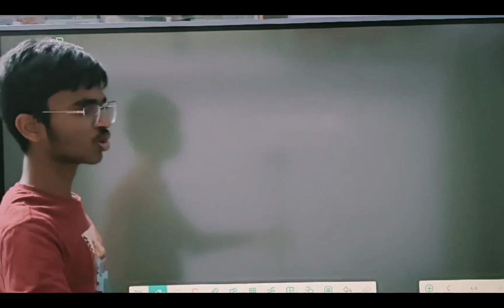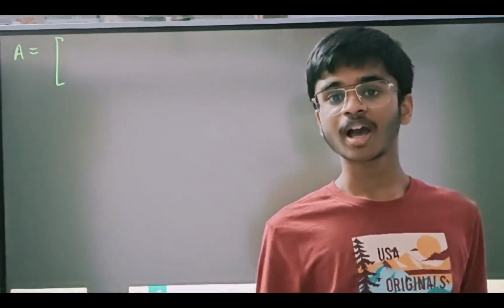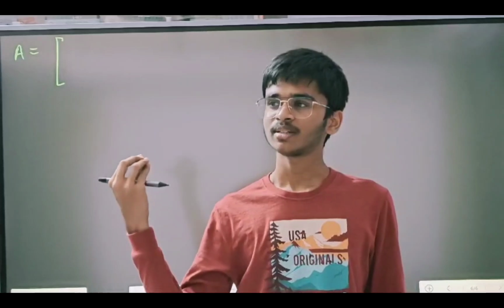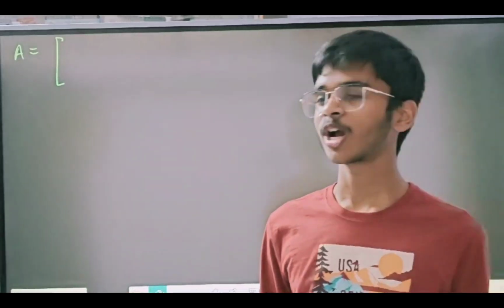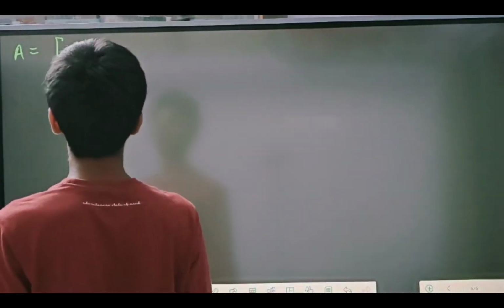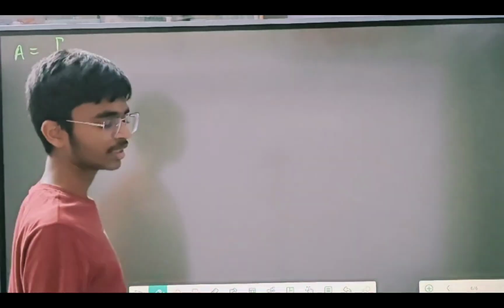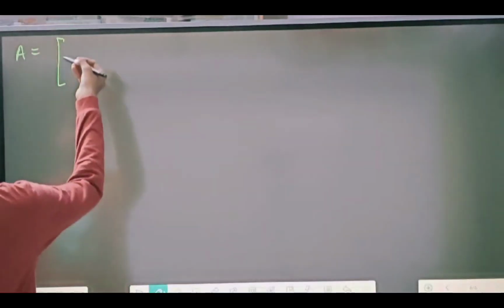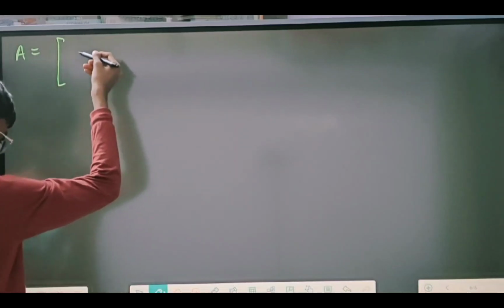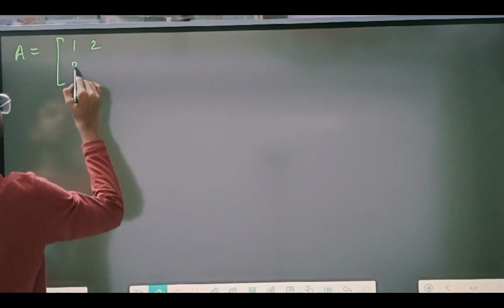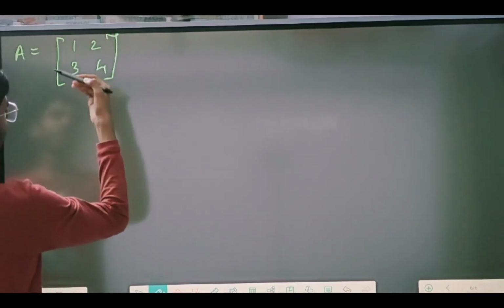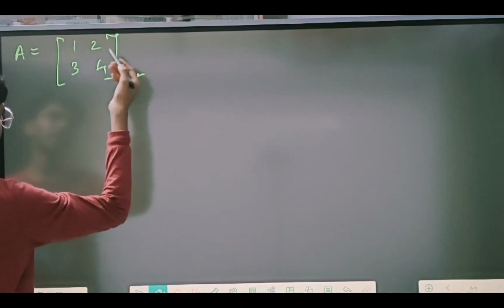First I'll be teaching one shortcut, and also for determinant I have a few shortcuts, but those shortcuts will be put in shorts because I haven't put shorts for a long time, and I will also introduce it with this video if I can. Okay, so this is the matrix: 1, 2, 3, 4. First 4 natural numbers. A 2 by 2 matrix.